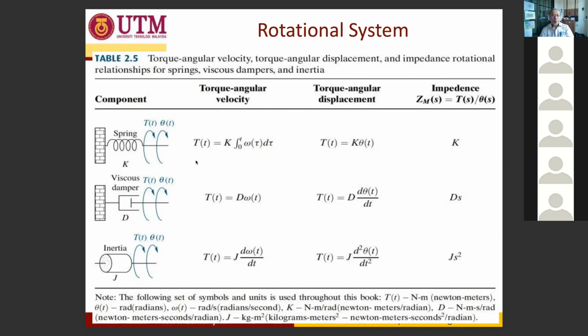Okay, Bismillahirrahmanirrahim. So we are still in chapter 2, rotational system. After we look into the electrical system and mechanical system, the rotational system is the continuation of the mechanical system, where you have a mass, spring, and damper.